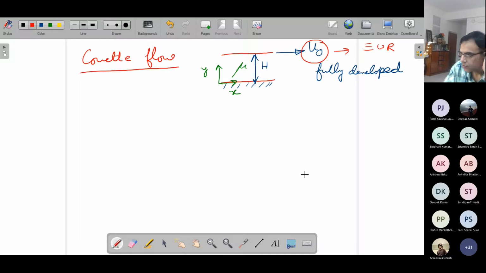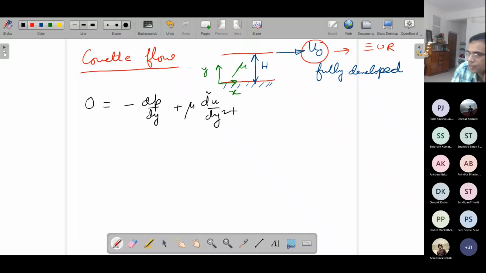Okay. So to do that, let us write the parallel plate channel equation. If you recall the plane Poiseuille flow equation that we wrote, 0 is equal to minus dp/dx plus mu d2u/dy2, this we had derived in detail. This derivation of the governing equation is not a function of the boundary condition.